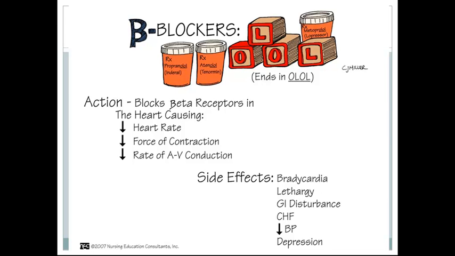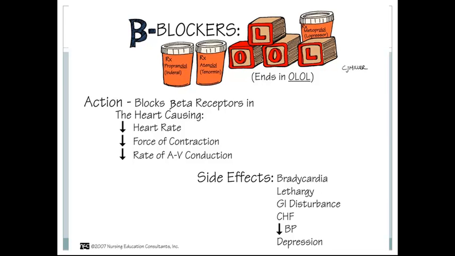They cause a decrease in heart rate, force of contraction, and decrease the rate of the AV conduction. The most common side effect among beta blockers is a decrease in blood pressure or bradycardia. Also, patients tend to be highly fatigued on these medications.